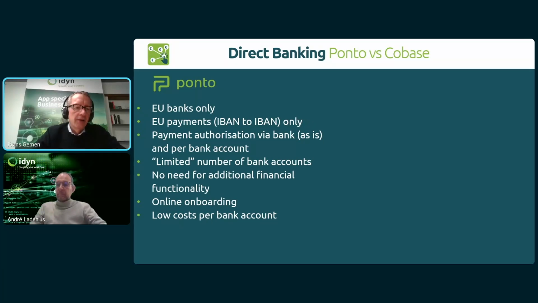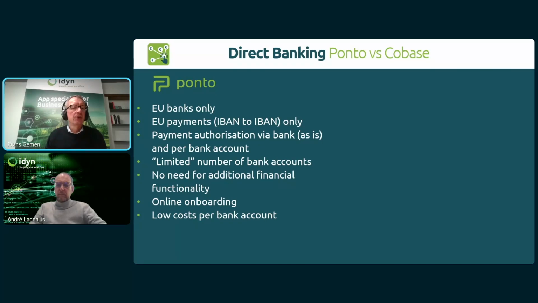The payment authorization is quite similar to how it is today. So we send a payment from Business Central through Ponto directly to the bank. So no more files, but you need to authorize your payment with the bank as is. Ponto is quite easy to use. You can go to the Ponto website, create an account online, and then add all the bank accounts from your organizations or multi-companies into your Ponto account.